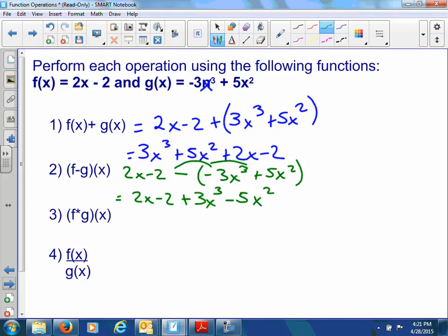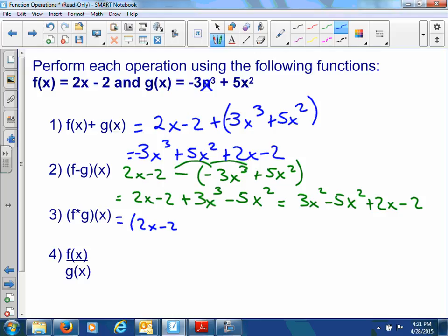I put it in standard form. This becomes 3x cubed minus 5x squared plus 2x minus 2. I just realized that instead this was supposed to be a negative 3x cubed, so that would be a negative 3x cubed there. The next one is multiplication.